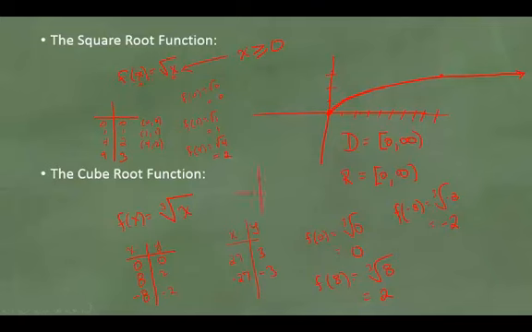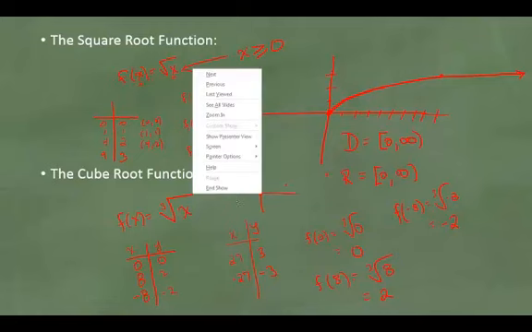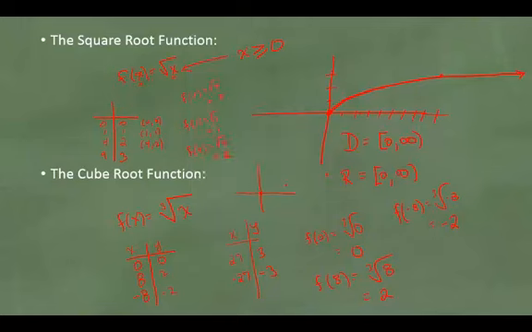And now we can do the graph here. 0, 0 is where we start. 8 comma 2. 27 comma 3. Negative 8 comma negative 2, sorry. Negative 27, it's way down here, comma negative 3.